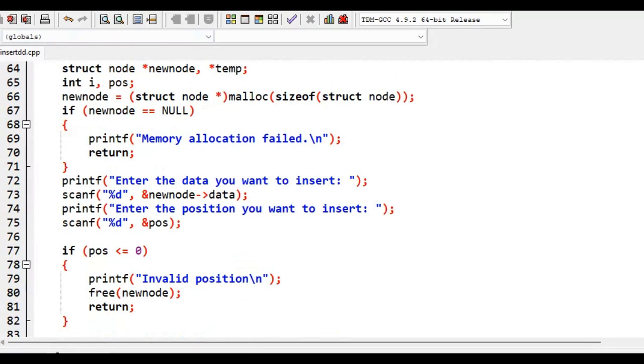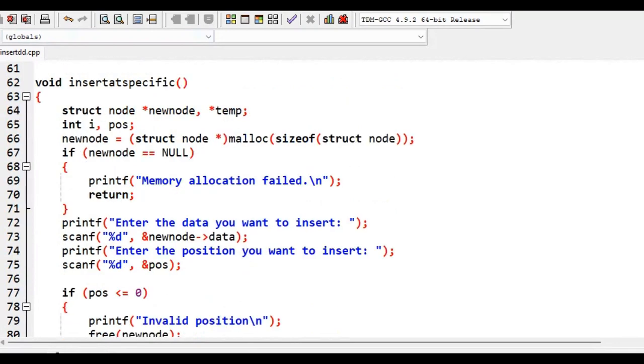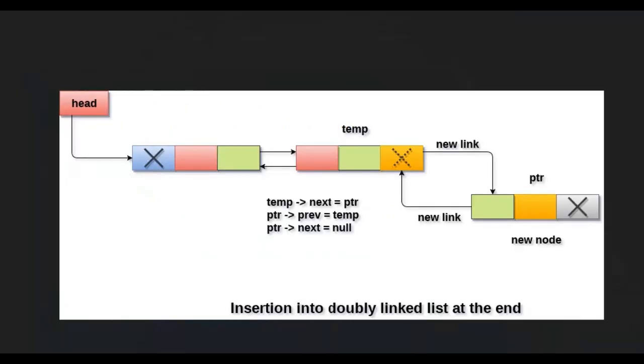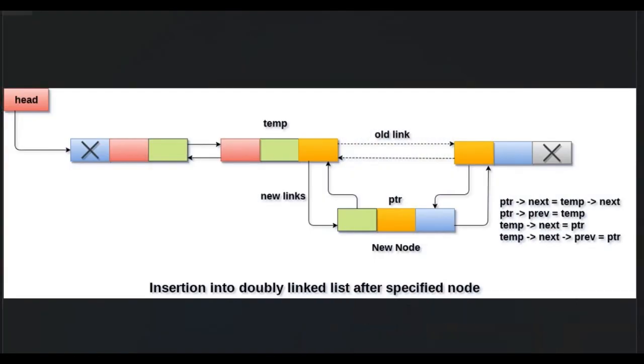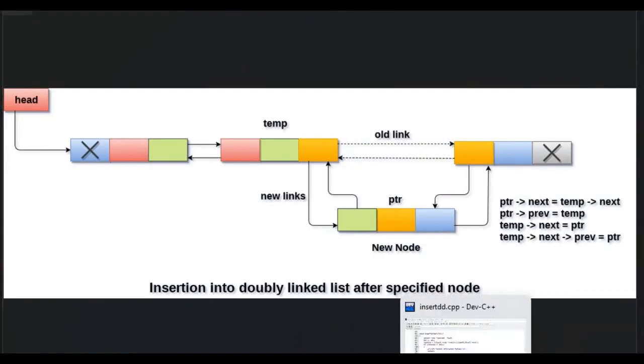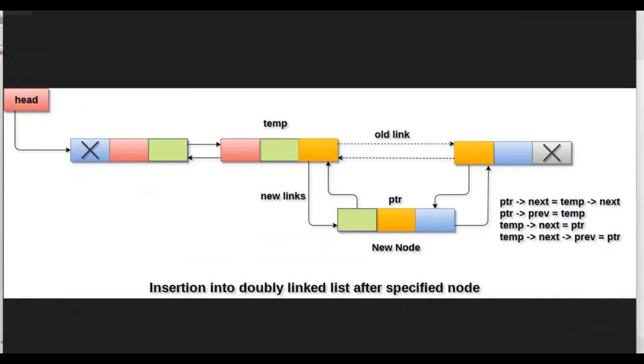Enter the data, and you must move the temp variable till it reaches the position. You can use a while loop or a for loop, and you must move this temporary variable till it reaches position minus 1. If it reaches position minus 1, stop there and consider this as temp.